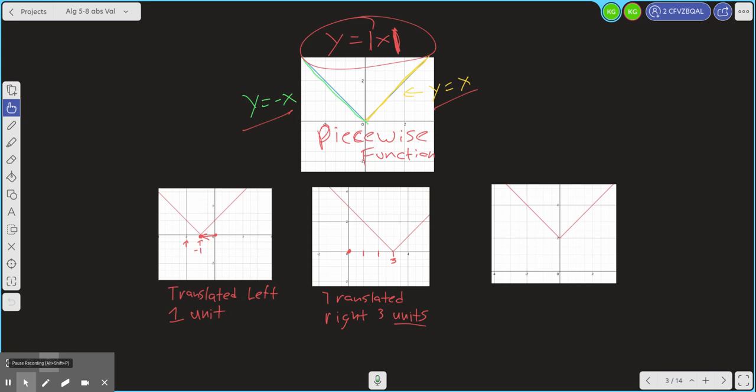Now in this third graph, the origin is here, and our graph has been moved up 2. So this has been translated up 2 units.